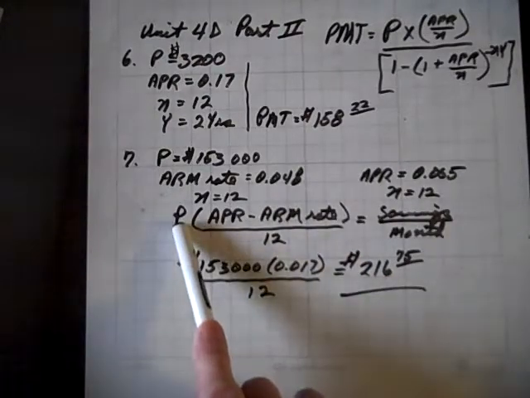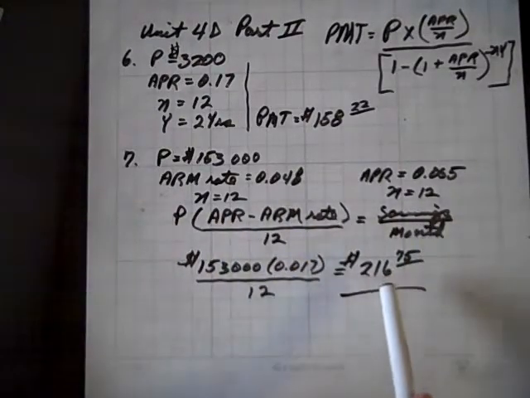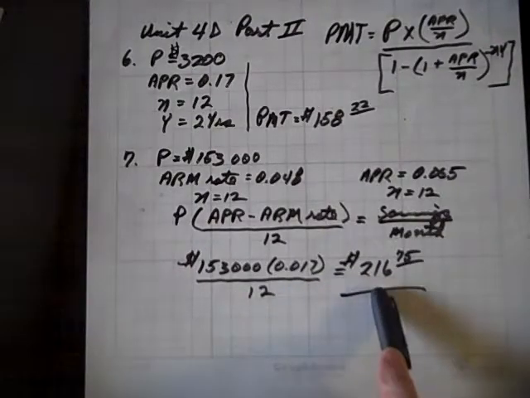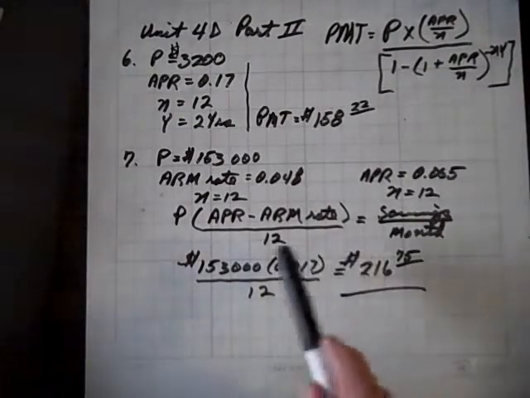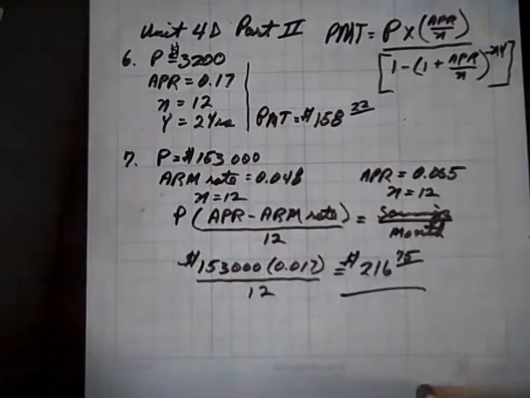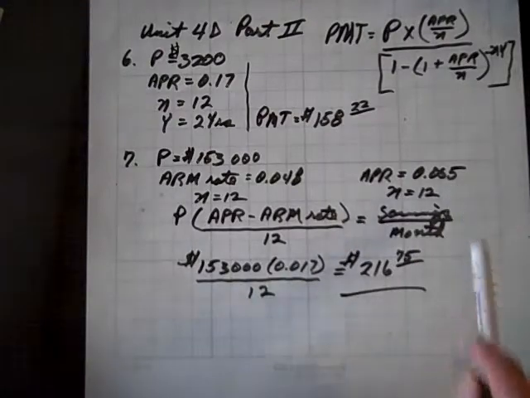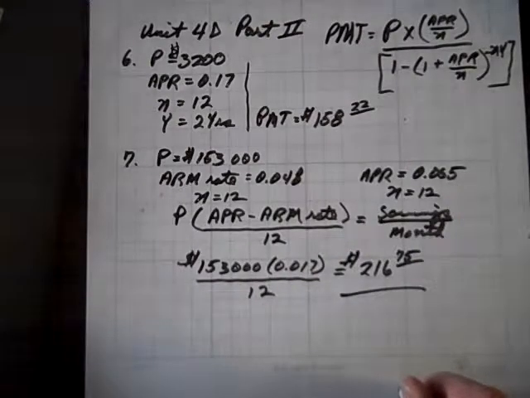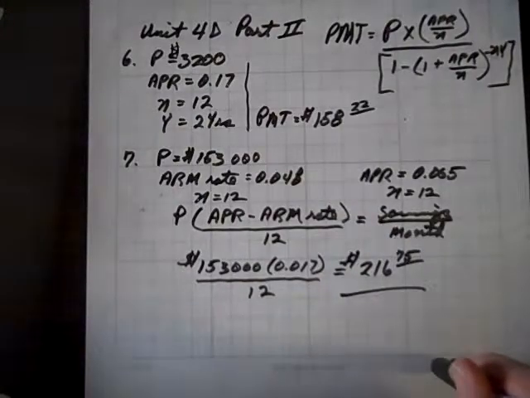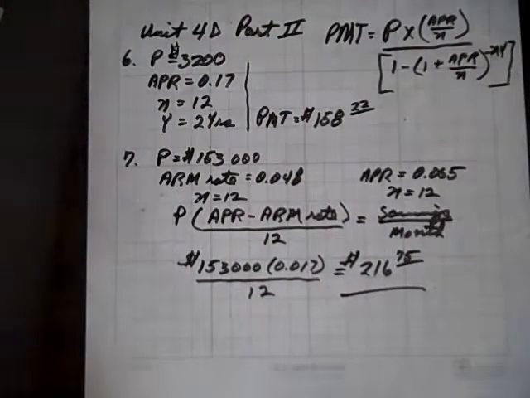And if we multiply the principal times that, that will give us the monthly savings using the adjustable rate mortgage rate of 4.8% over the 6.5% rate for the fixed rate. So we've answered the question.